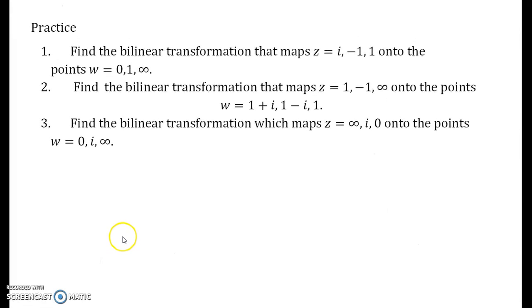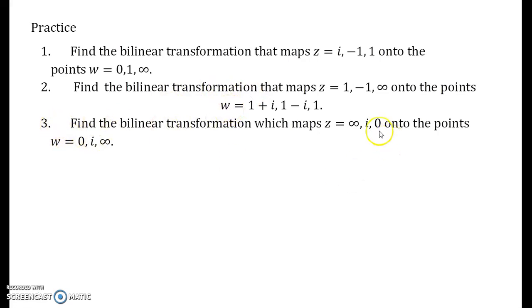Now I'm giving you these 3 problems for practice. Here I have shown you one where Z was infinity. In the first problem I'm giving you, W has infinity as one of the points, so a similar procedure will apply. The second is almost similar to what we have done.